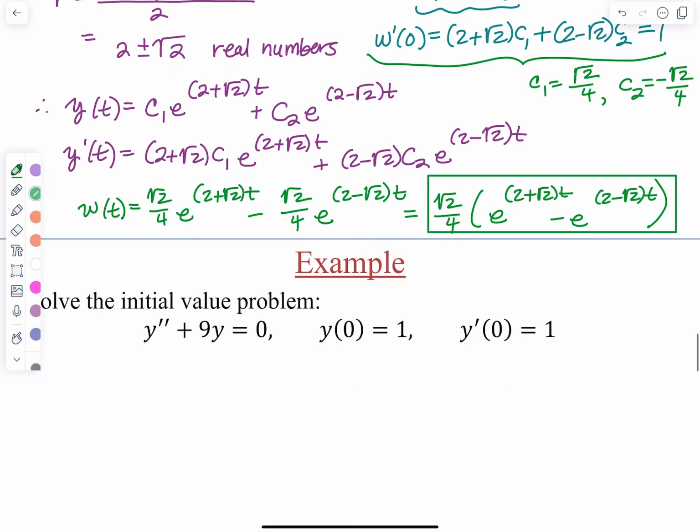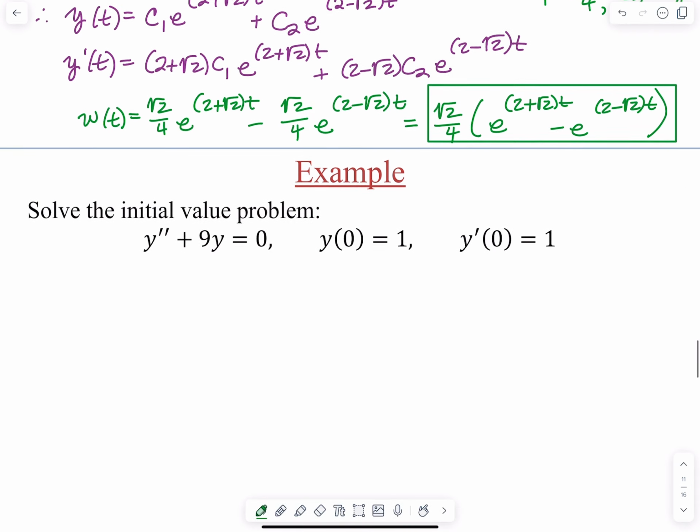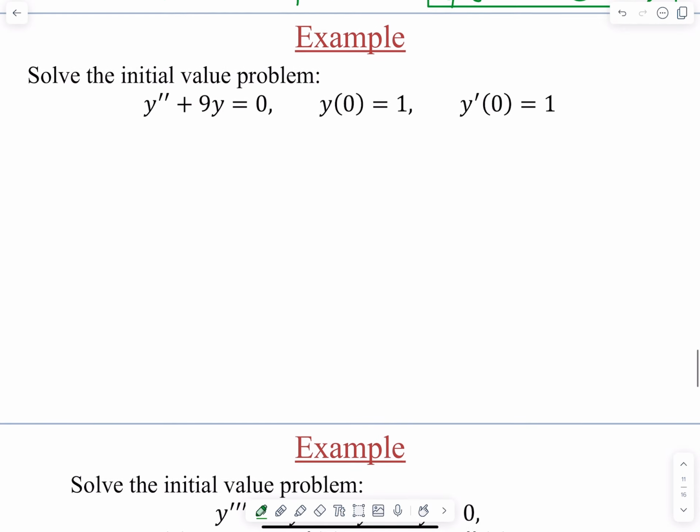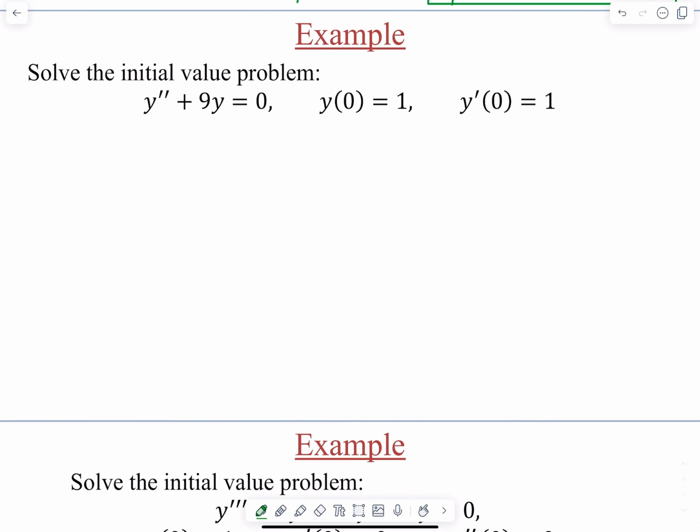Okay, let's take a look at our next example. We have the initial conditions shown and our second order differential equation. We can go ahead and write our auxiliary equation. We have r squared plus 9 equals 0, and we have r equals plus or minus 3i.